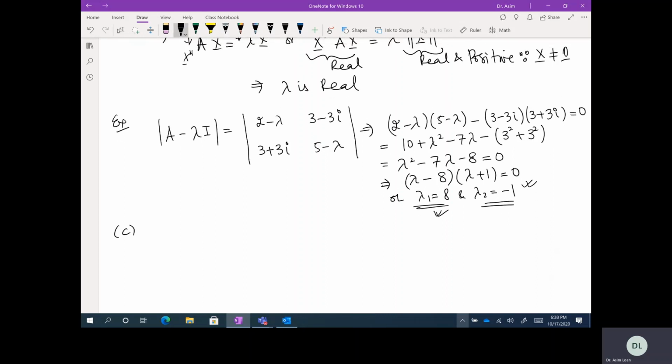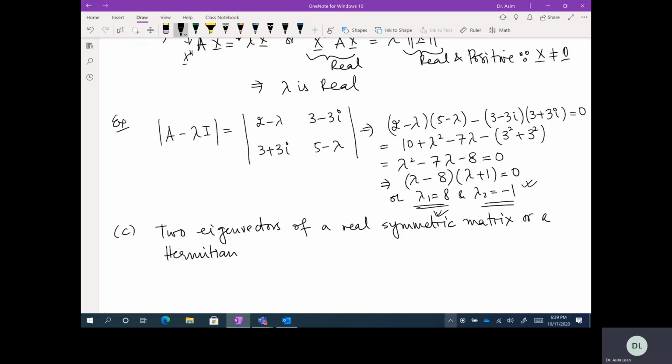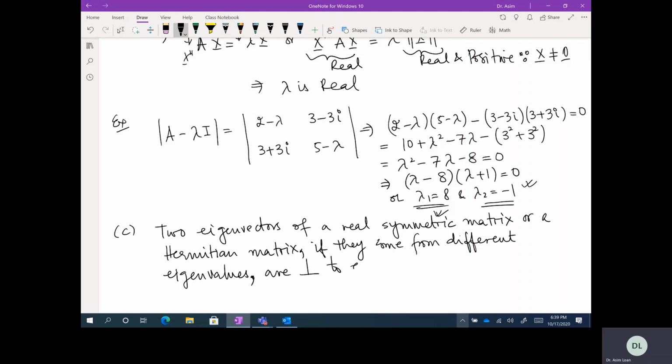And then two eigenvectors of a real symmetric matrix, or a Hermitian matrix, if they come from different eigenvalues, which means distinct eigenvalues, are orthogonal to each other.